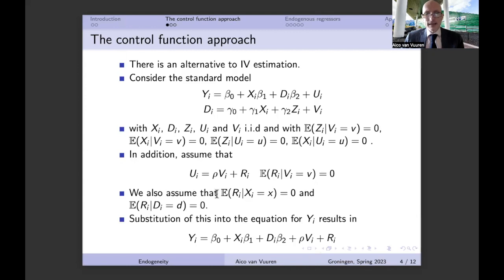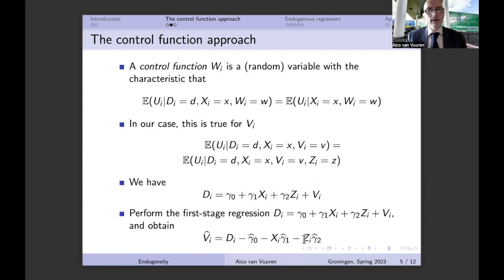Well, this context actually says that essentially any kind of endogeneity problem can be seen as an omitted variable problem. We are later on going to see that this idea that we have over here is still very important to find a solution. But before I do that, let me first define a control function.